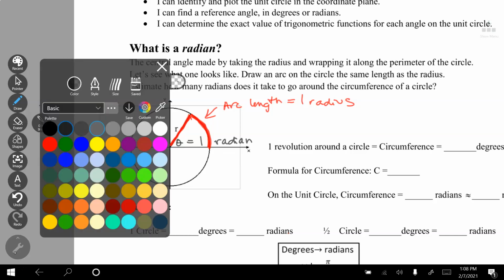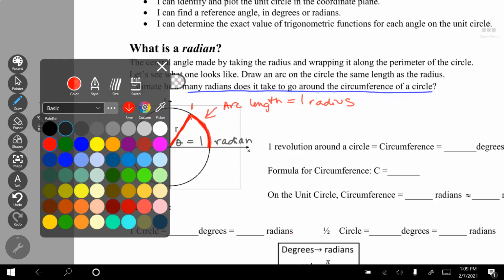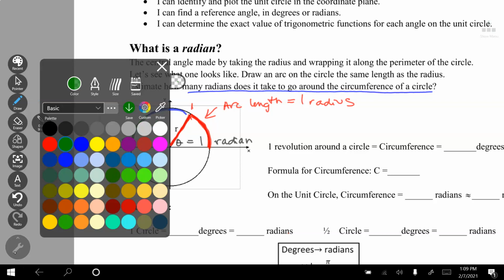So how many radians does it take to go around the circumference of the circle? Well, this one is equal to 1. If I do another length, maybe here, that's about 2. Maybe here is another length, that's about 3. It's maybe a little bit short of the mid semicircle.